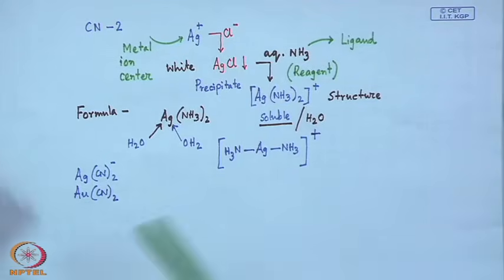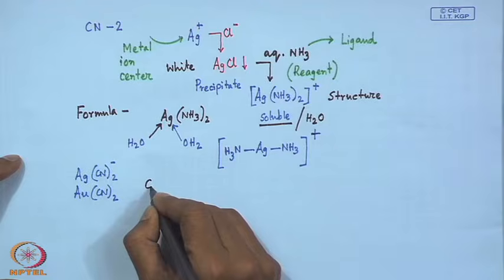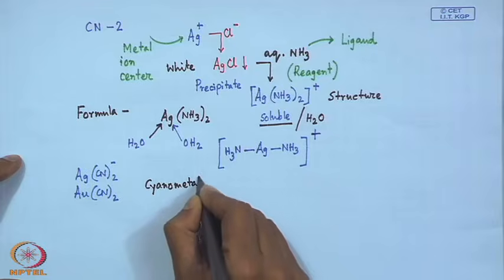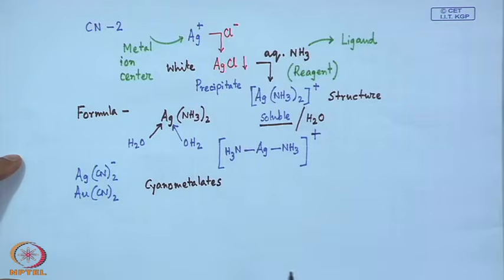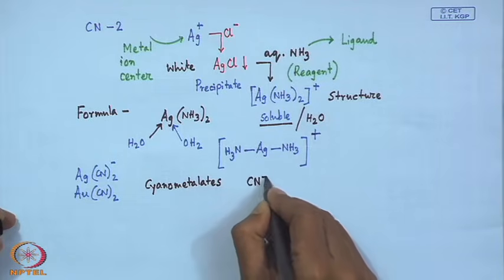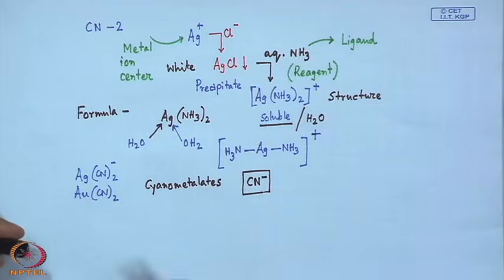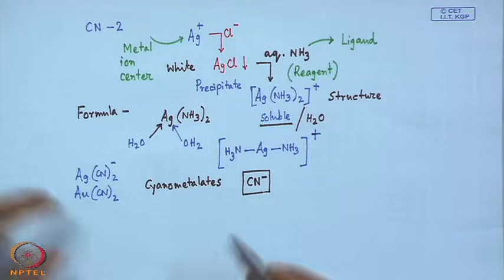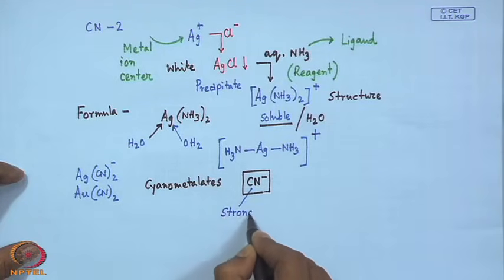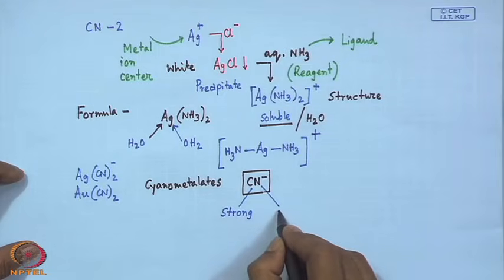So, cyanometallates are a general group of molecules, and these cyanometallates provide us complexes where CN minus is the ligand. CN minus is a very good nucleophile and a very strong ligand.